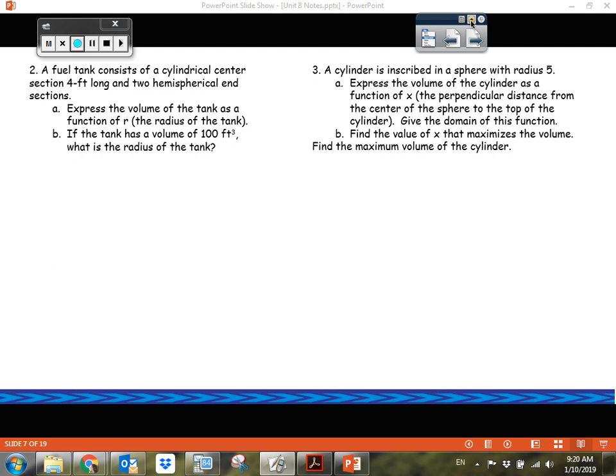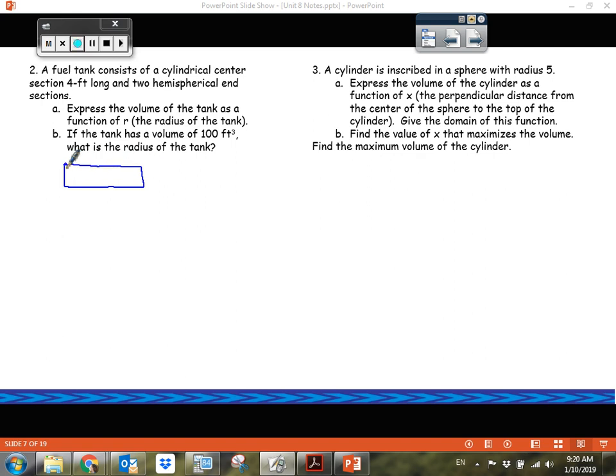All right, number 2. Says a fuel tank consists of a cylindrical center section 4 feet long and 2 hemispherical end sections. All right, so I am not going to try to draw this in 3 dimensions. I'm going to draw the cylinder as a rectangle. So here's the cylinder. By the way, it's pretty important to have a diagram to look at.